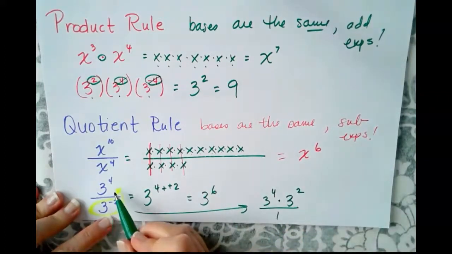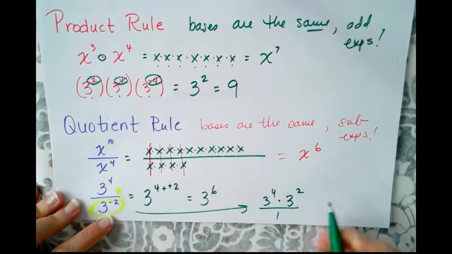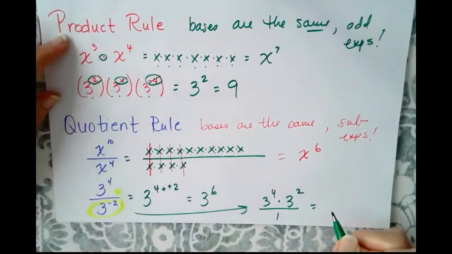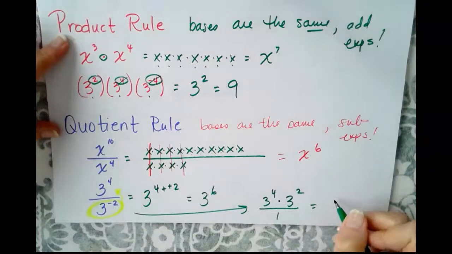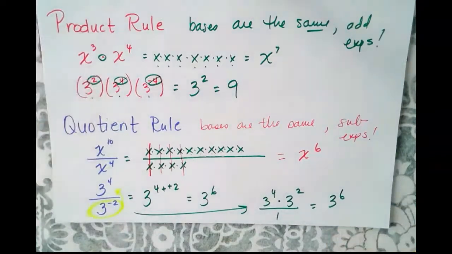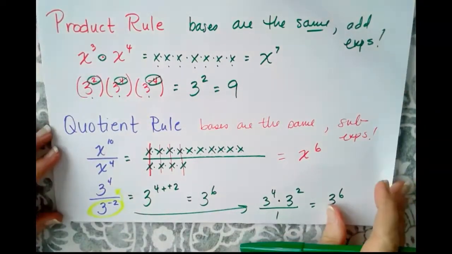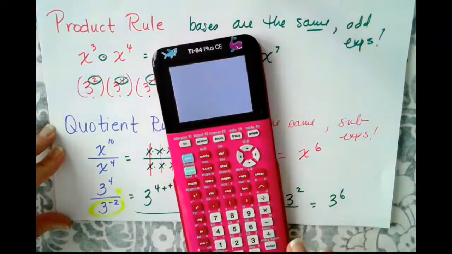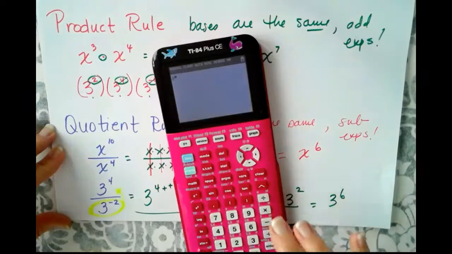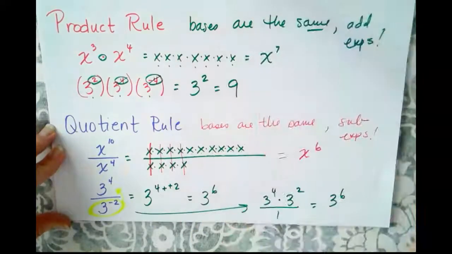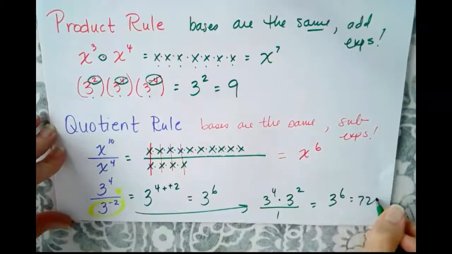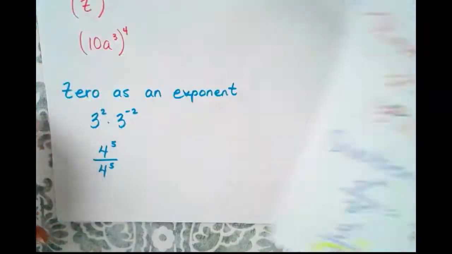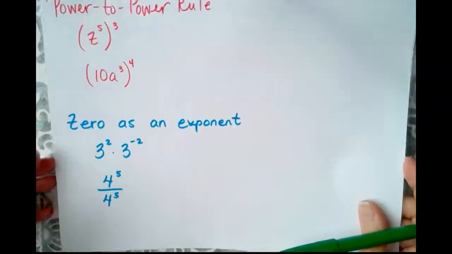If we flip this 3 to the negative 2 up to the top, the exponent does become positive, and then it becomes a product rule rather than a quotient rule. However, we still get 3 to the 6th. I guess we'll simplify it. My calculator's right here. 3 raised to the 6th is 729.